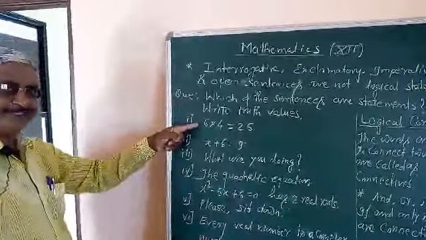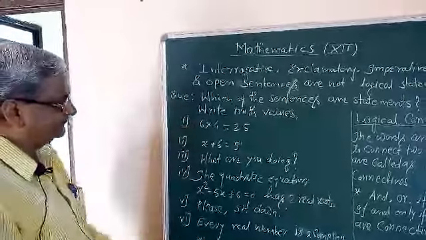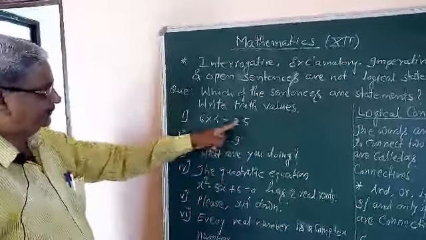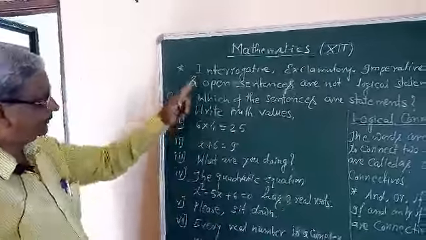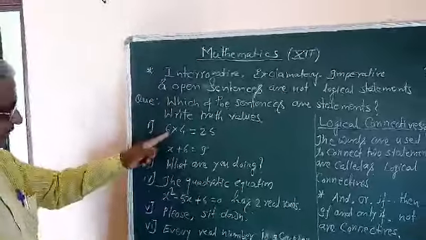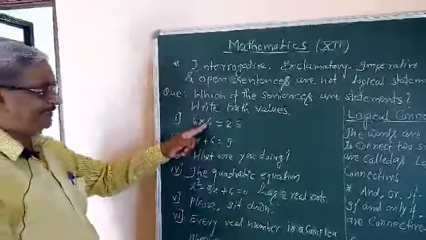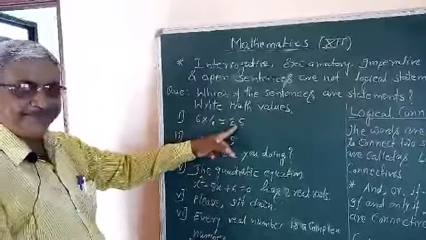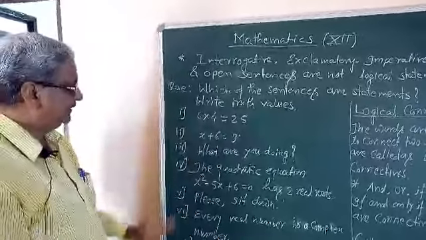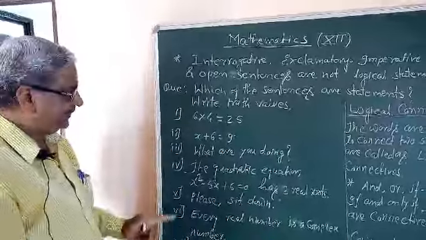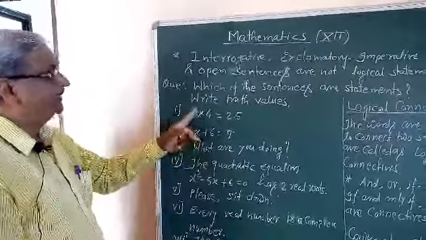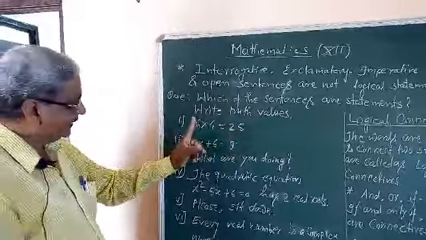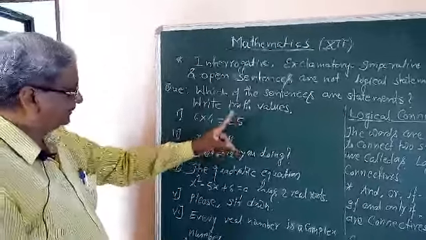So we consider the first example: 6 into 4 is equal to 25. How can you decide according to our previous knowledge? 6 into 4 is 24, so 24 is equal to 25. It is a wrong statement, but we can say that it is a logical statement, as it is a statement even though it is not true.